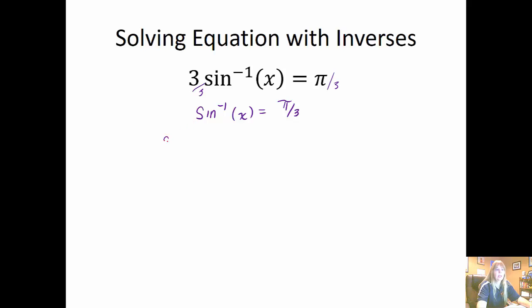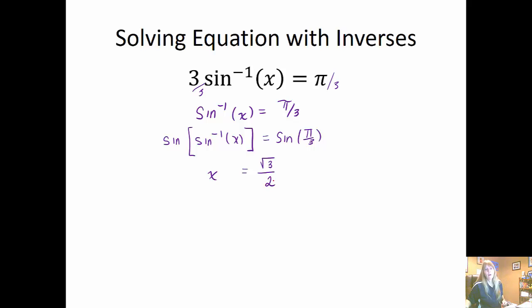Again, remembering, if I take the sine of sine inverse, that gives me x. And you do something to one side, you better do it to the other side. And then you look up in your unit circle, what's the sine of π/3? Anybody? We should get square root of 3 over 2.